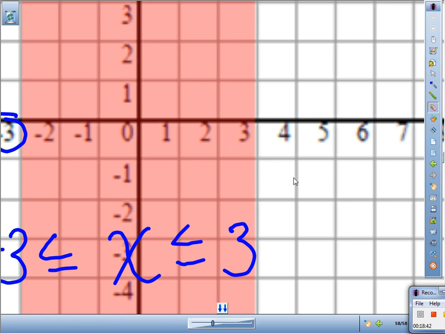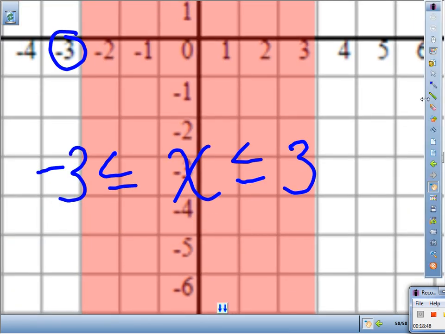Is 3 included? So therefore, if it's not included, what would I do here? Just erase this little thing. You see what I'm saying? I mean, if I wanted to be technical. But for right now, we're going to include it. Because if you notice here, there's a little gap before getting to the number 3.